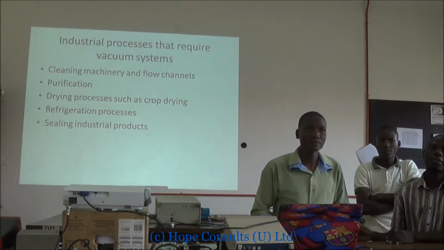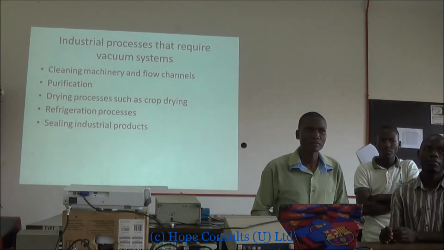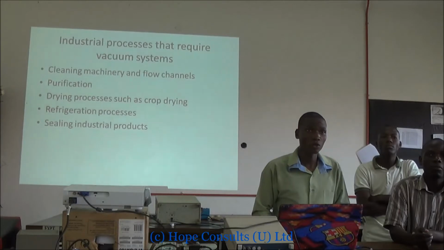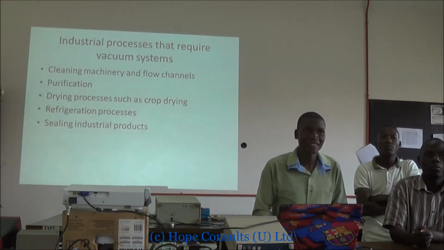As you explained that, how come I'm not hearing from one presentation, which group were you? Group 2. Yes, group 2, you gave a comprehensive explanation of the vacuum system.